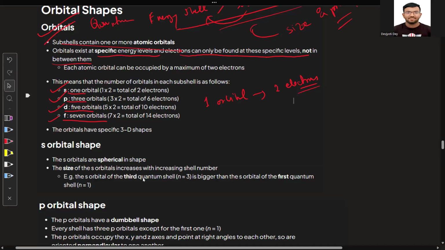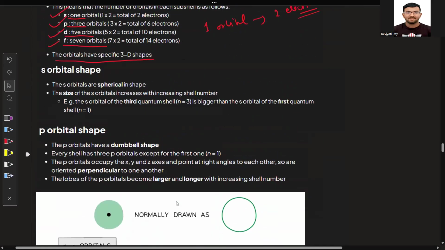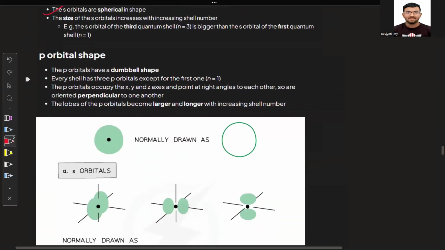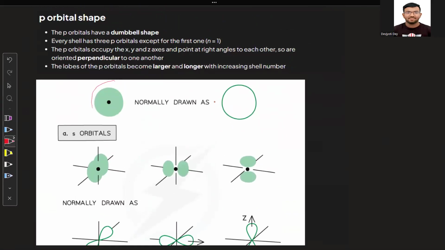Now, these orbitals have specific 3D shapes. What are these 3D shapes? If I talk about s orbitals, the s orbitals are spherical in shape. The size of the s orbitals increases with increasing shell number. This is an example of an s orbital, as you can clearly see. This is spherical.